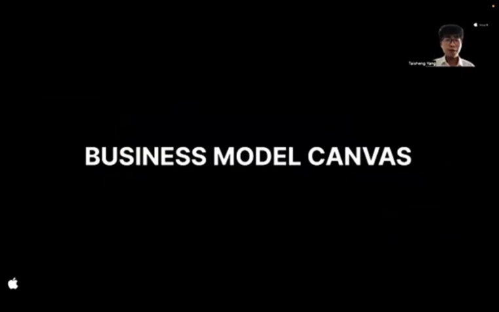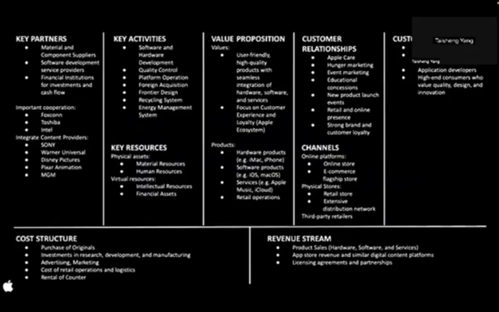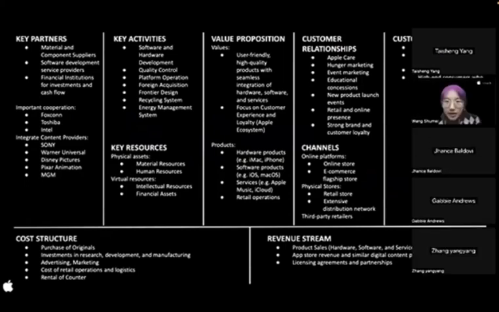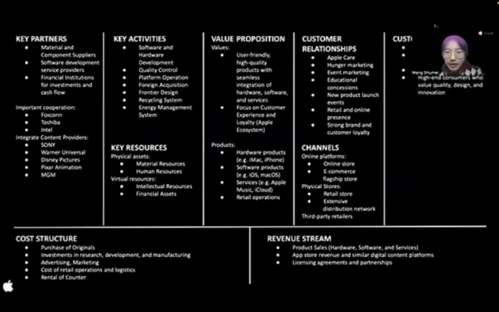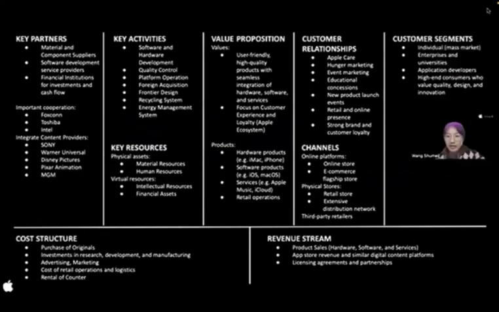Next, Wang Shumei will discuss the business model canvas. Let me introduce the business model canvas. So first is the key partners, the suppliers and partners that guarantee effective operation.